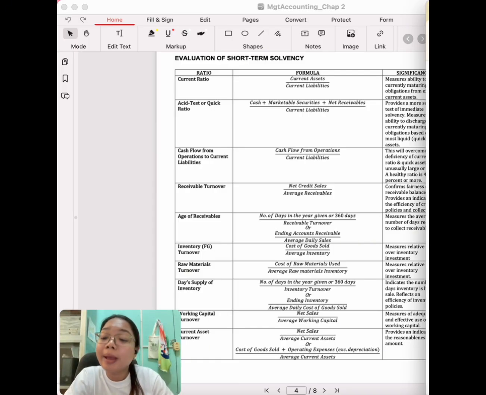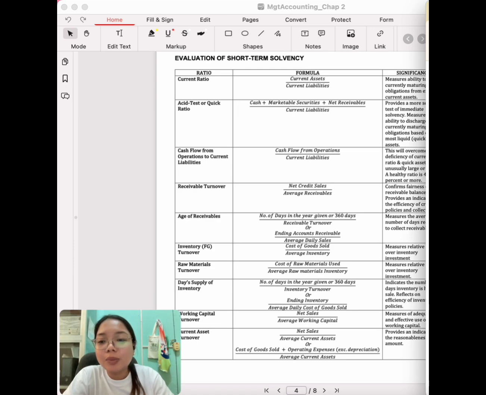So, this ratio helps us evaluate gaano ka-efficient are we to collect money from the customers, or in the perspective of a company, gaano ka-efficient yung company sa pag-collect ng mga utang. Nakuha nyo? A higher turnover generally indicates faster collection, but interpretation should still consider the company's credit policies and industry.